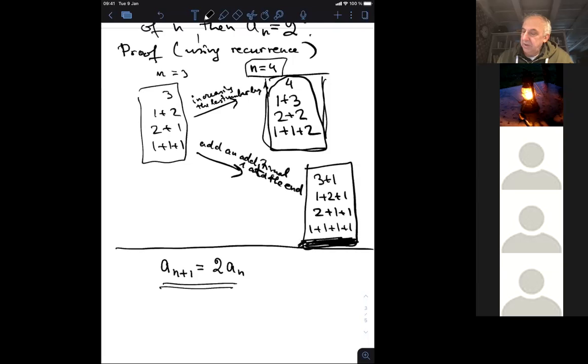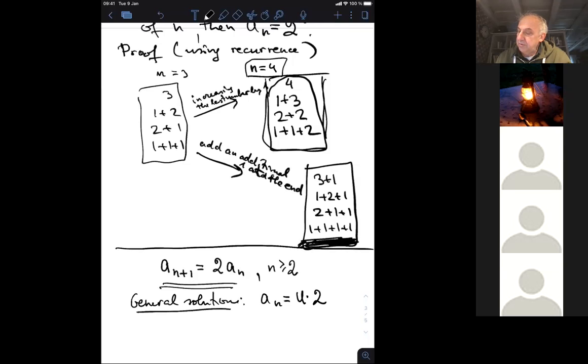If we have such a recurrence which works for n bigger than or equal, say, to 2, then its general solution would be a geometric progression with a denominator 2, which means that a_n equals some number u, which we don't know at the moment, times 2 power n.